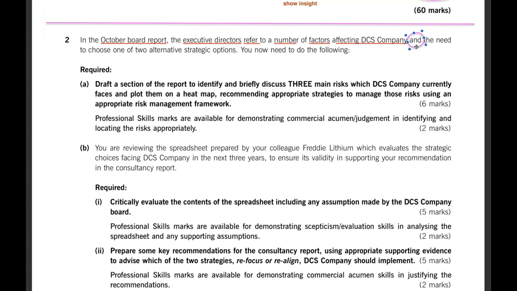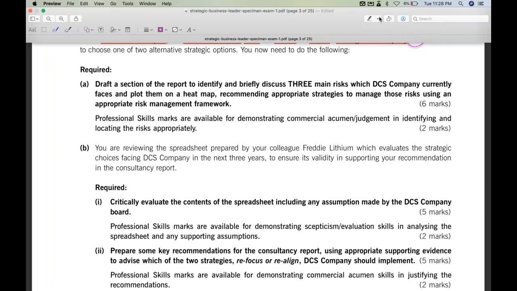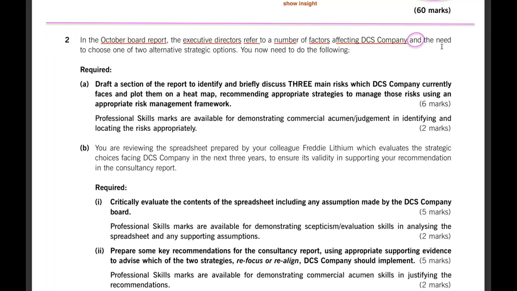And there is a need to choose one of two alternative strategic options.